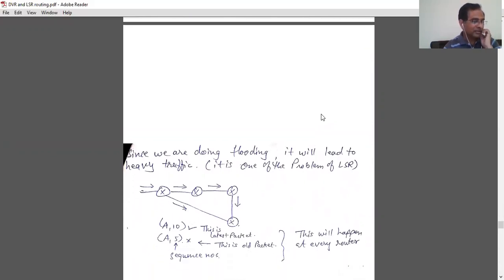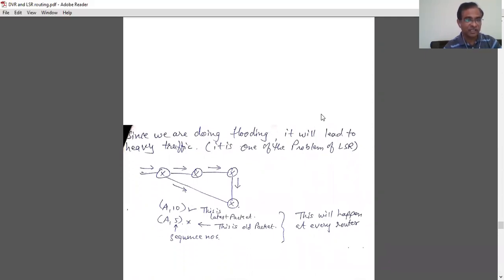Let's say there are routers arranged in this situation, and the packets are sent through multiple routes and will reach one of the routers, let's say the bottommost router. So A is sending with some number. There is a concept of sequence number which comes up, sent with every packet whenever there is a broadcast.